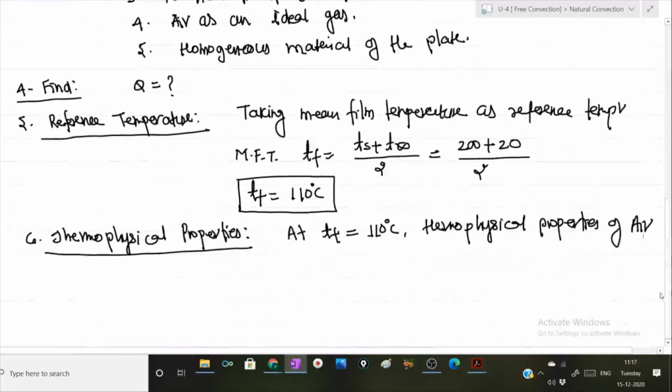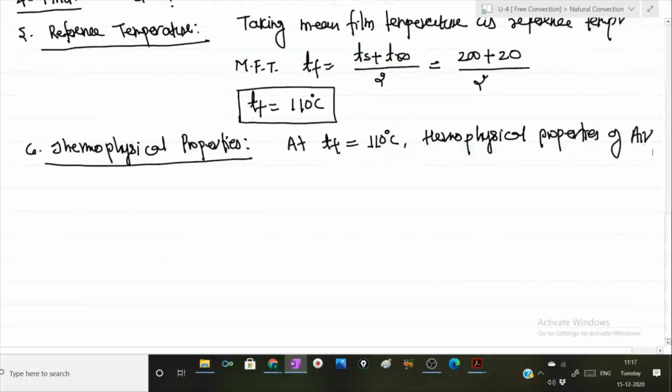So we are supposed to find out the thermophysical properties. So what I will do, I will refer heat transfer data book.